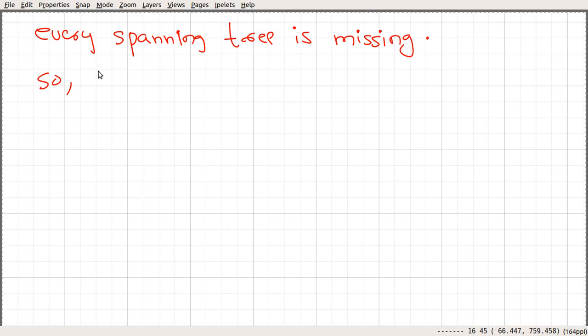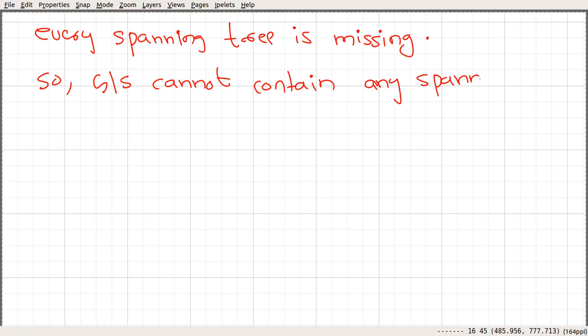Okay, so that says this graph G minus S cannot contain any spanning tree of G completely, because some of the edges are missing.